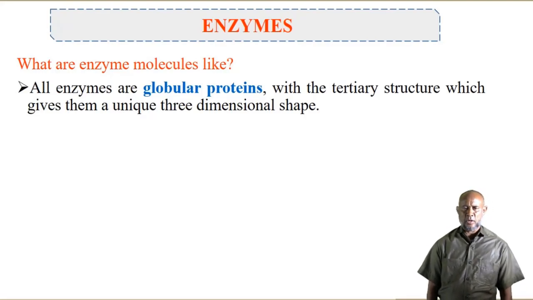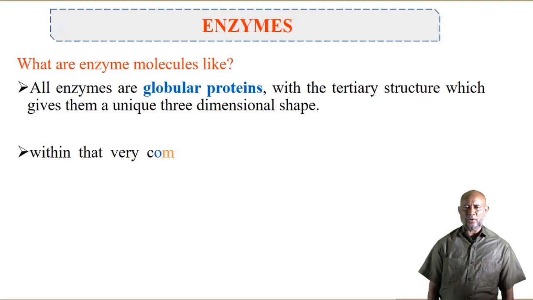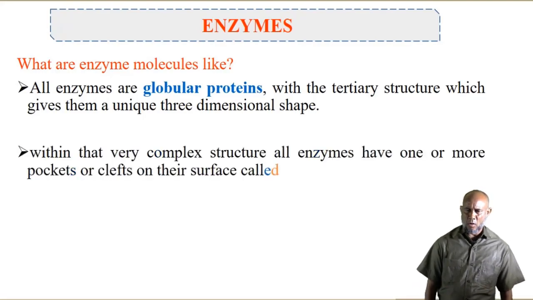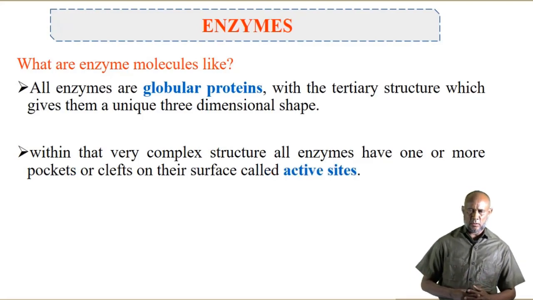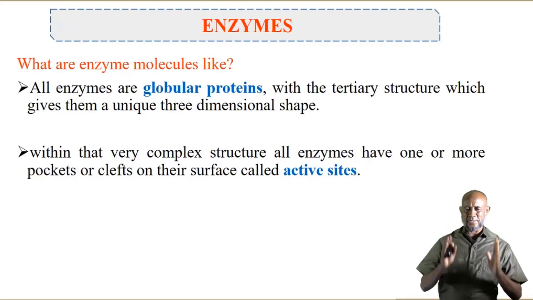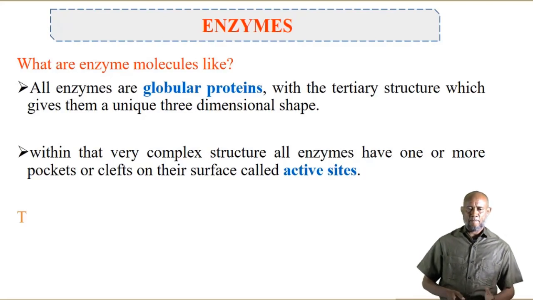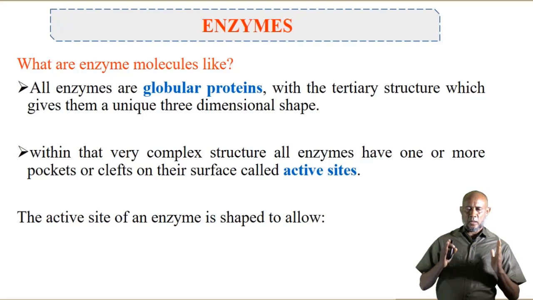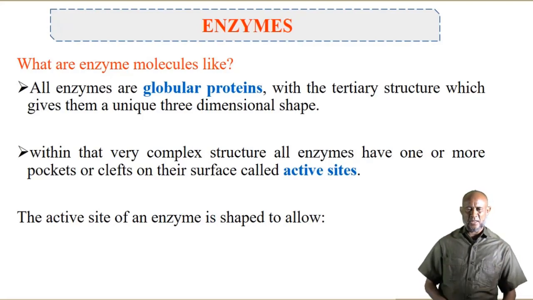And this shape makes them very unique. Within that very complex structure, all enzymes have one or more pockets or clefts on the surface that are known as the active site. The active site of the enzyme is one of the main important characteristics of the enzyme.